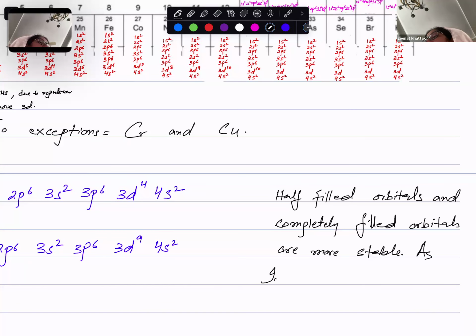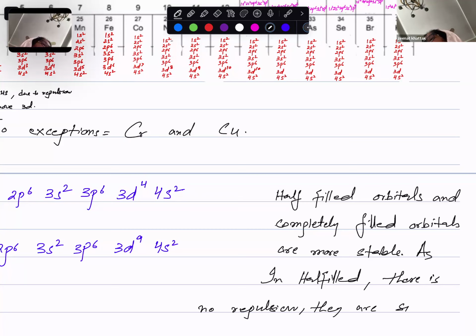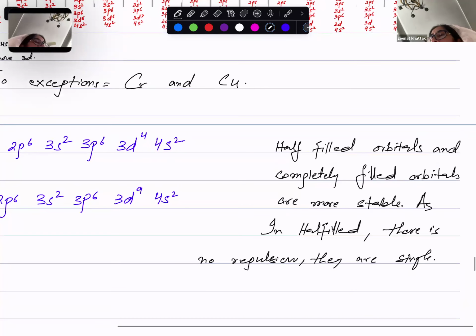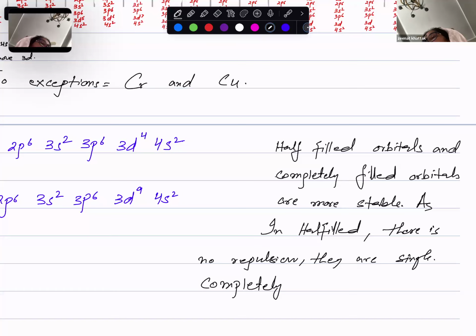As in half filled, there is no repulsion, they are single. And completely filled are stable as they don't need electrons.